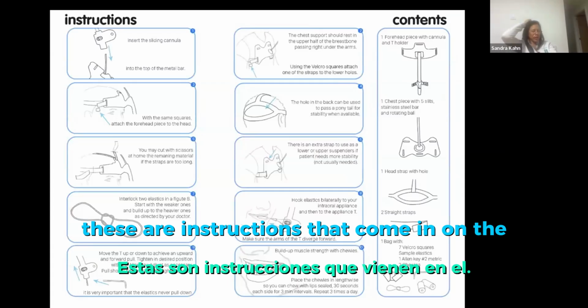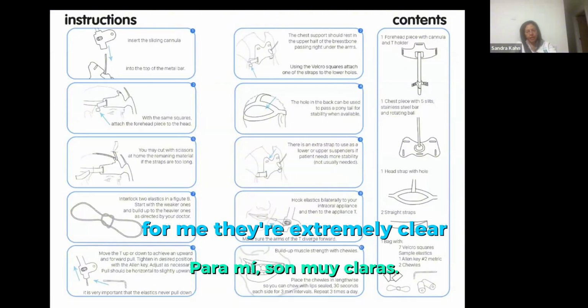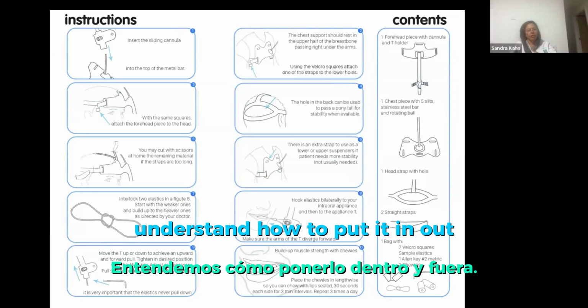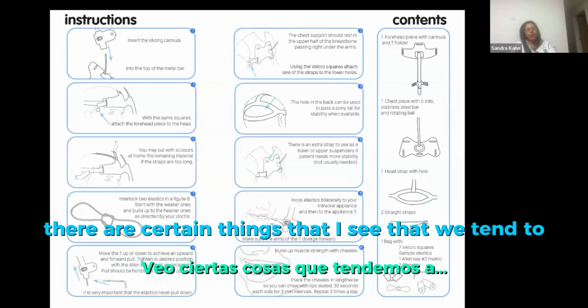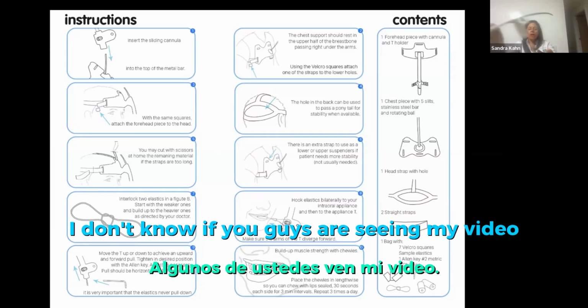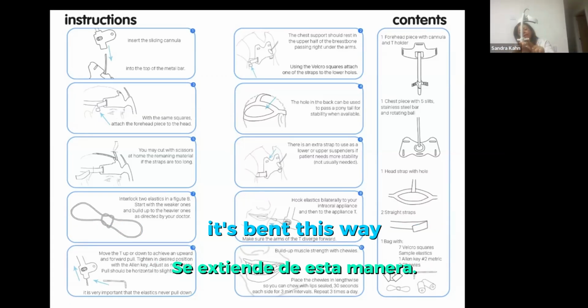These are instructions that come with the bow. For me, they're extremely clear. They have drawings, and we understand how to put it in and out. There are certain things that I see that we tend to make mistakes with. One of the parts, I don't know if you guys are seeing my video, but the T is bent this way.